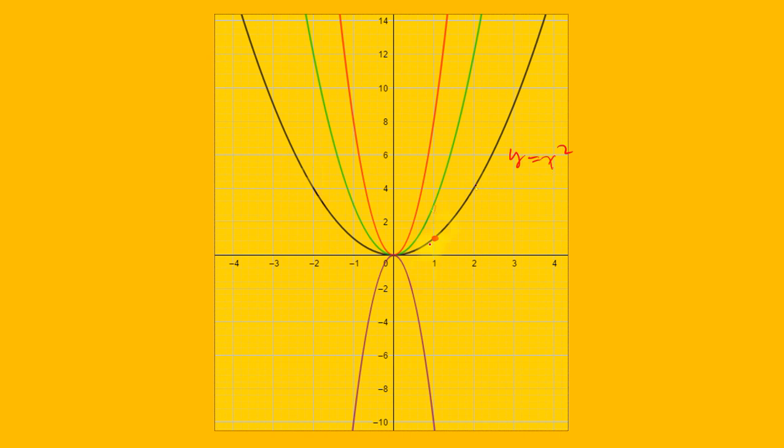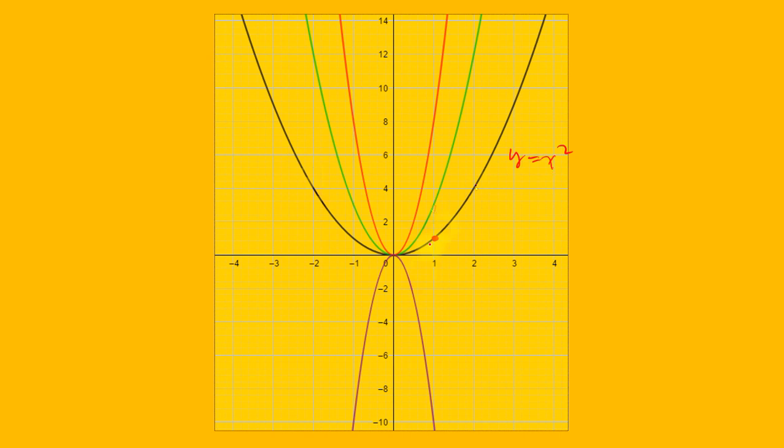So again, it's like saying that this x squared, the black one, is being scaled vertically by a factor of 3. As you can see, from 1 it becomes 3, and from 4 it becomes 12. It is being vertically scaled by a factor of 3.